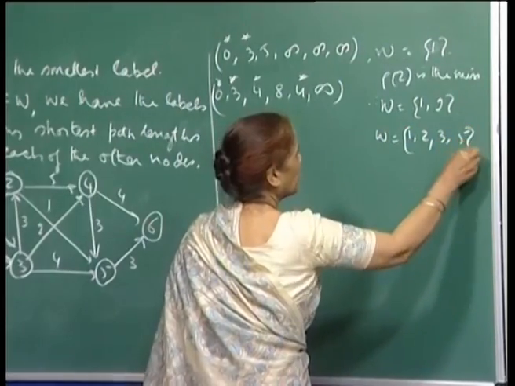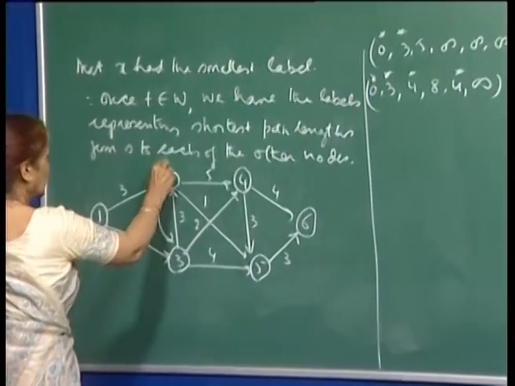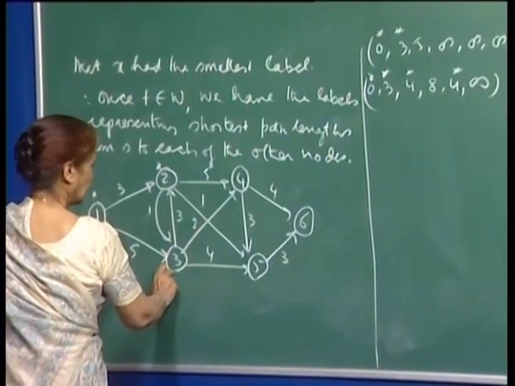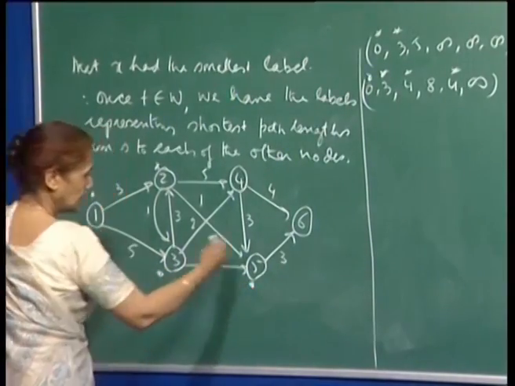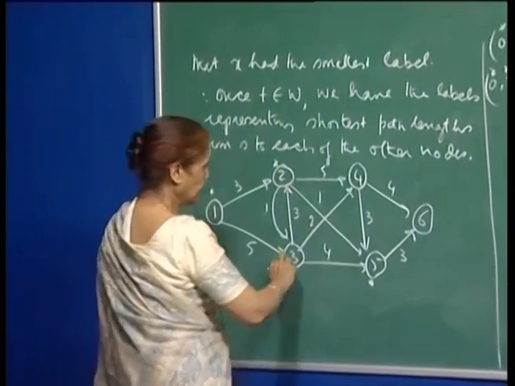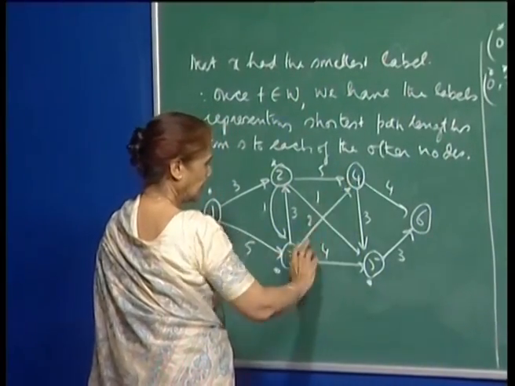Now this is labeled permanently, this of course is labeled permanently, this one too, and this one. So now on the graph you can see immediately what to update. From 3 you can reach 4.